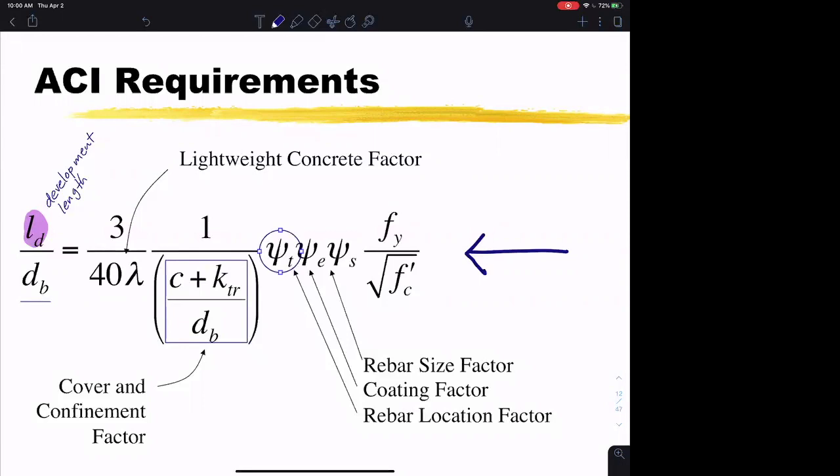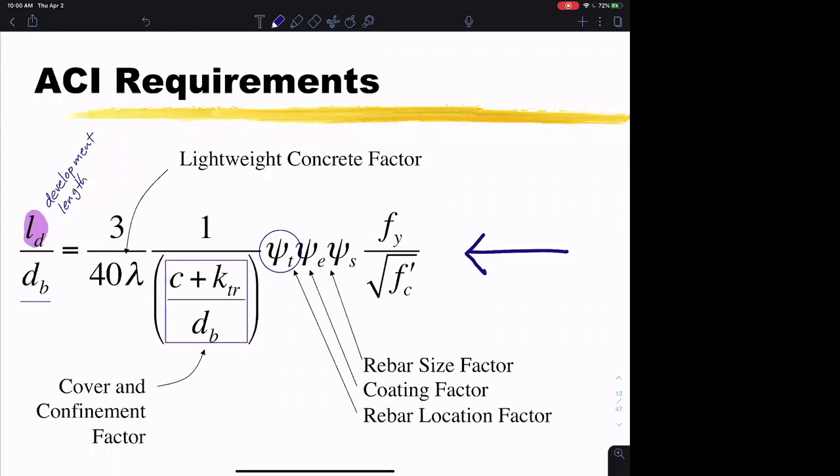Psi sub t, that's the rebar location factor, and t stands for top. When you were in 3210, and if you had a really high slump and you made your cylinders, did you notice that water floated to the top of your concrete?